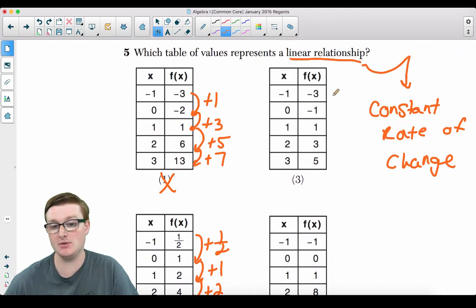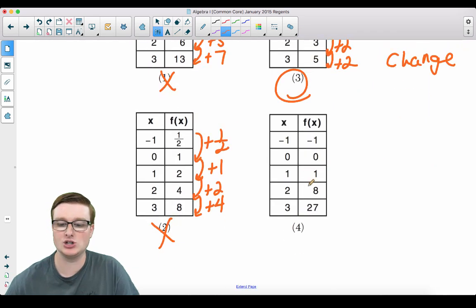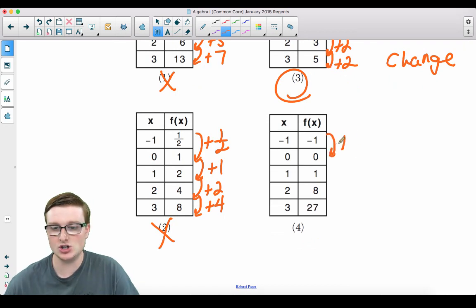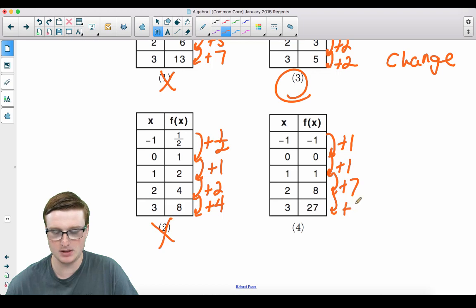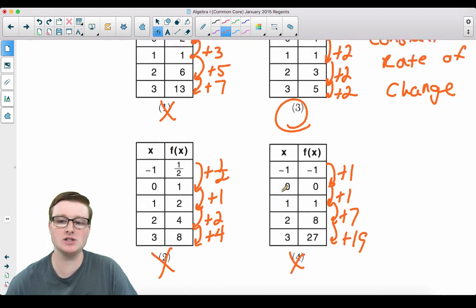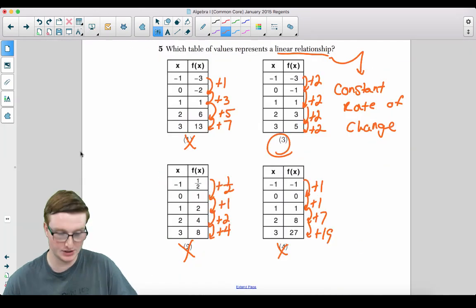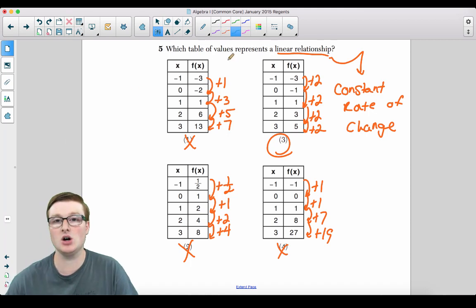Over here, number 3, it looks like we're adding 2, adding 2, adding 2, adding 2. That is linear. And choice 4 is showing plus 1, plus 1, plus 7, and then plus 19. That makes no sense. So choice 3 is the correct answer because choice 3 has the constant rate of change. All right, question 6.